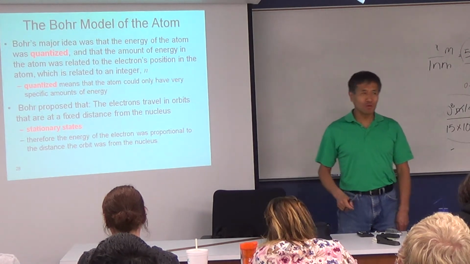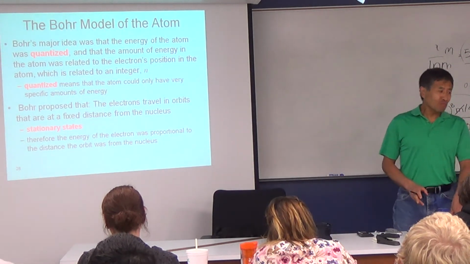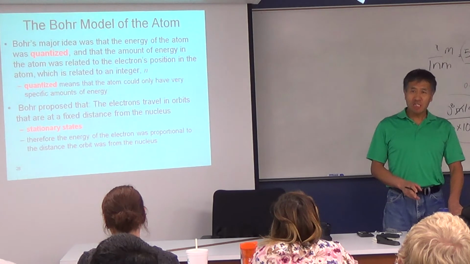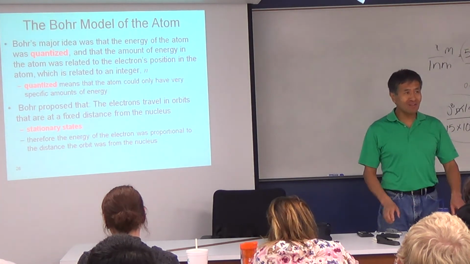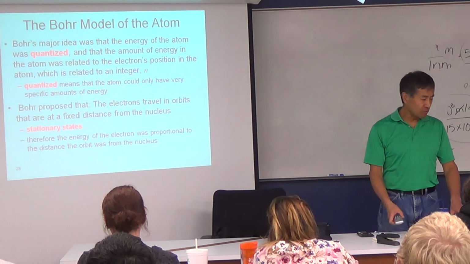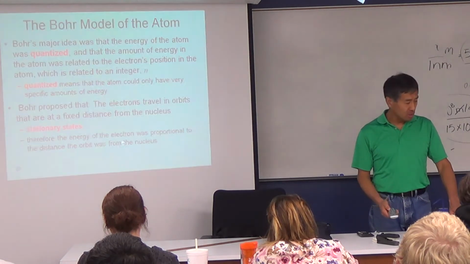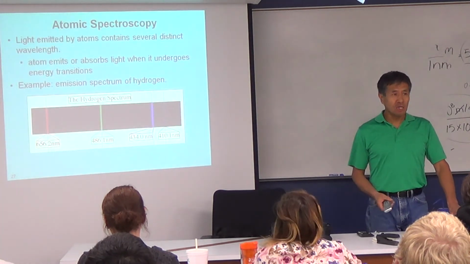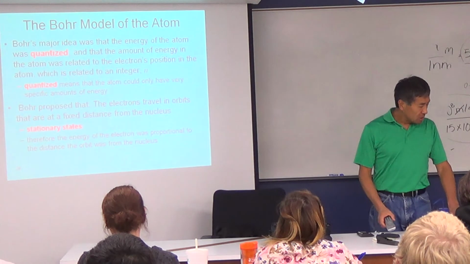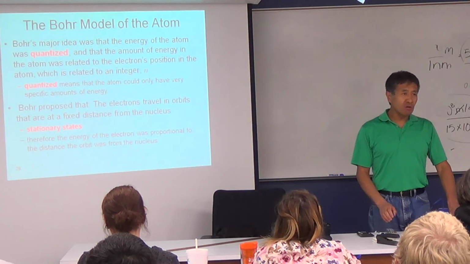So that is the first model. Okay? That model is very simple and can explain the spectrum in the last slide, for the hydrogen atom. Using Bohr's model, you can calculate.